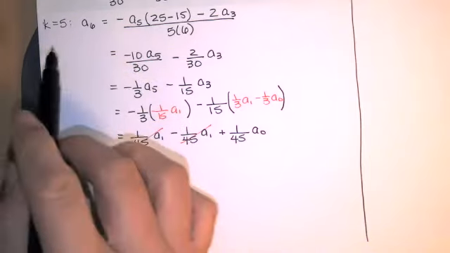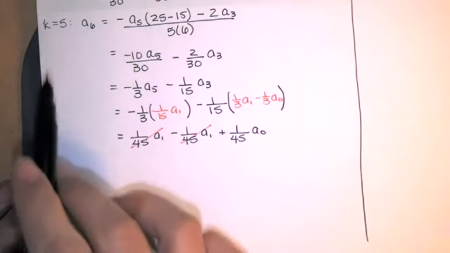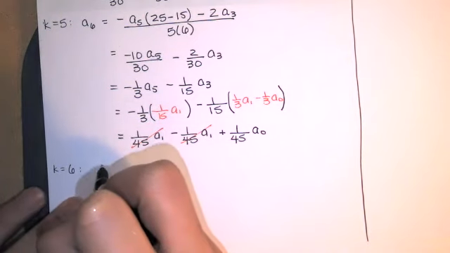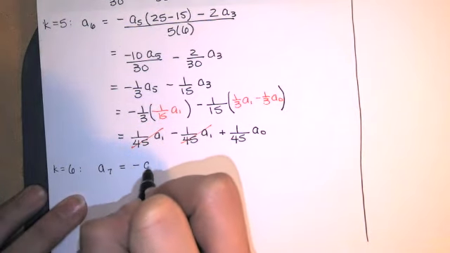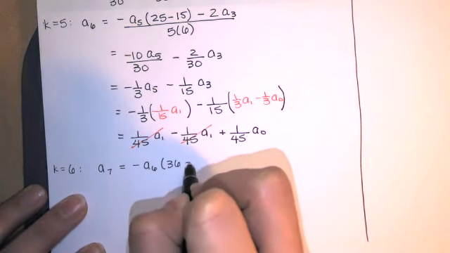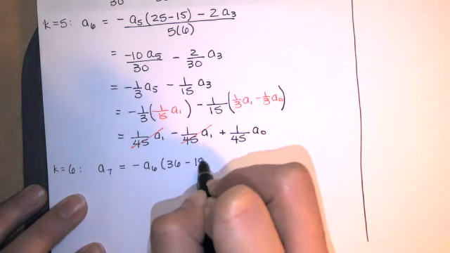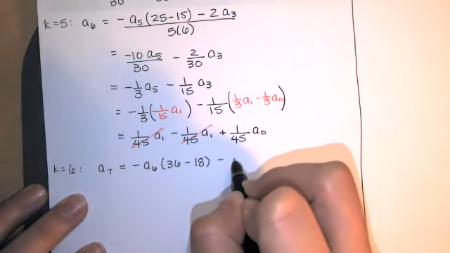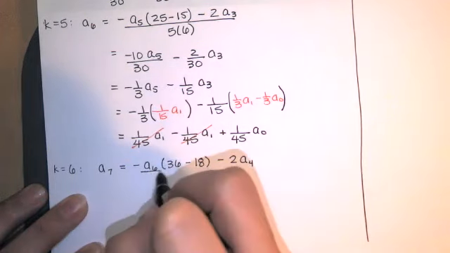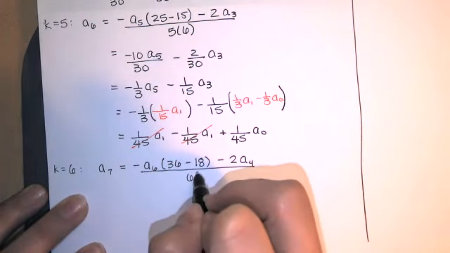So we found this coefficient, a sub 6, by substituting k equals 5. Now we're going to substitute k equals 6. So we'll have a sub 7 equals negative a sub 6 times 6 squared, which is 36, minus 3 times 6, which is 18, minus 2 times a sub 6 minus 2, which is a sub 4, all divided by 6 times 7.